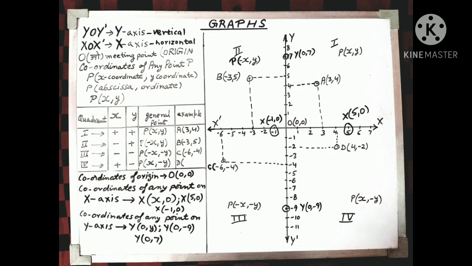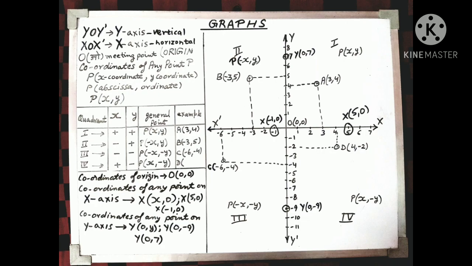In the third quadrant, x is negative, y is negative, the general point is P(-x, -y) and the example point is C(-6, -4). And in the fourth quadrant, x is positive, y is negative. The general point is P(x, -y), and the example point is D(4, -2). I hope you got it.